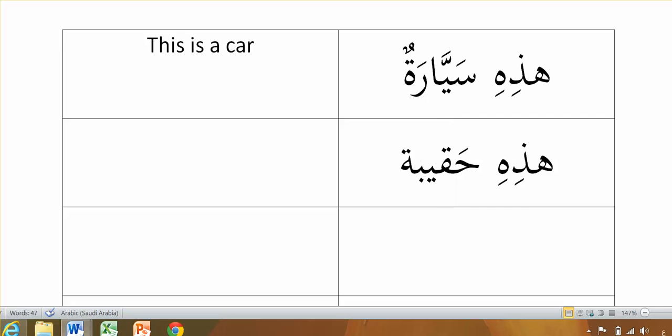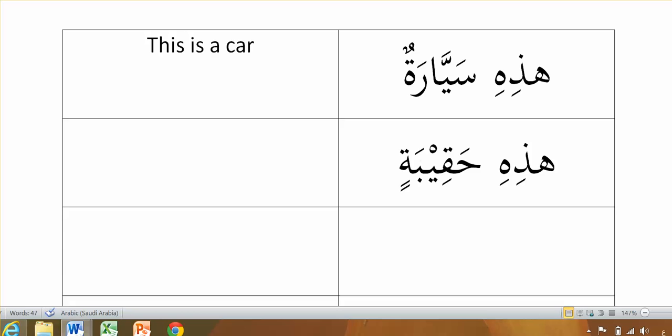Fatha. Come on, we learned that already. I'm just reminding you. On the qaf, kasra. On the ya, sukun. On the ba, fatha. On the ta, tanween kasra, right? Is that correct? No, it's not.